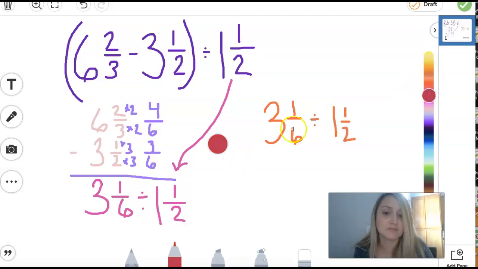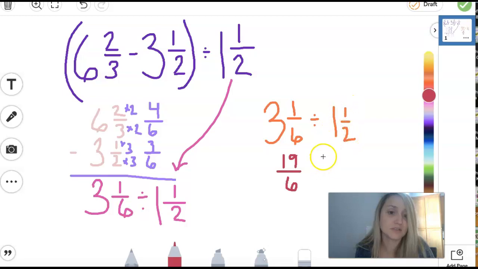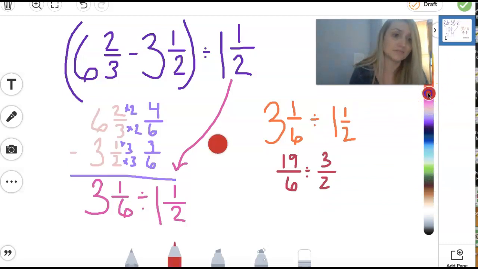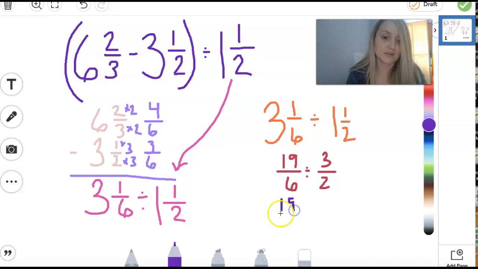Make those into improper fractions. So 6 times 3 is 18 plus 1 is 19. 2 times 1 is 2 plus 1 is 3. And then now do 19 over 6. Flip that second number and multiply.